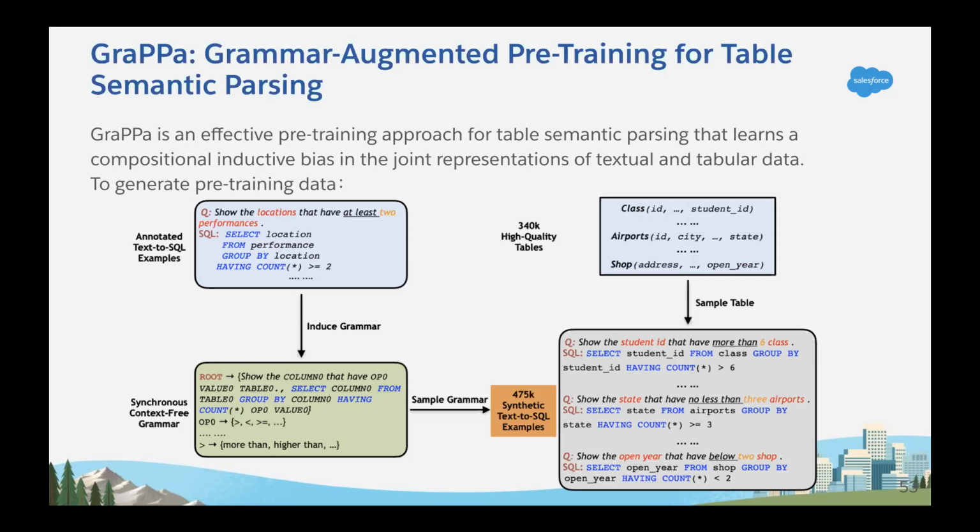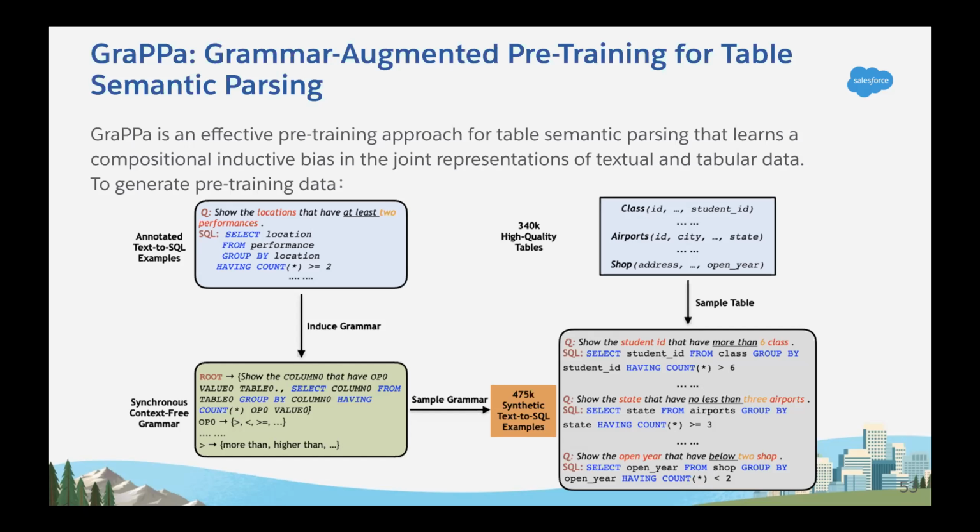We spent a lot of time to crawl and clean them. Then we use a subset of the existing text-to-SQL data to induce a grammar from this data. We call it a synchronous context-free grammar. And we use this grammar.